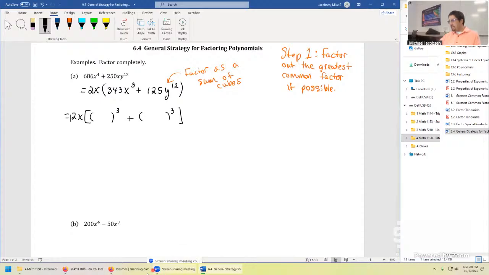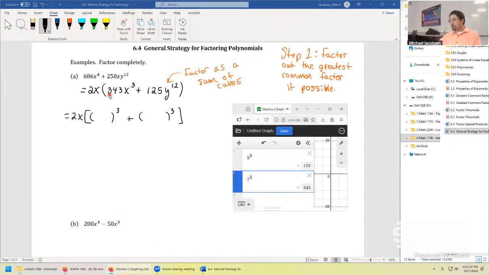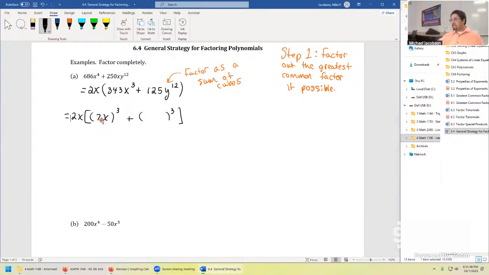So what goes here, let's take a look at our calculator again, is 343 is 7. If we put x there, raise this whole thing to the power 3, we get 343x cubed. So that's a start. That tells us what the a coefficient is going to turn into. And likewise, 125 we can drop down as a 5. We just need a power on y, so that when we raise the whole thing to power 3, we get a power 12 out.